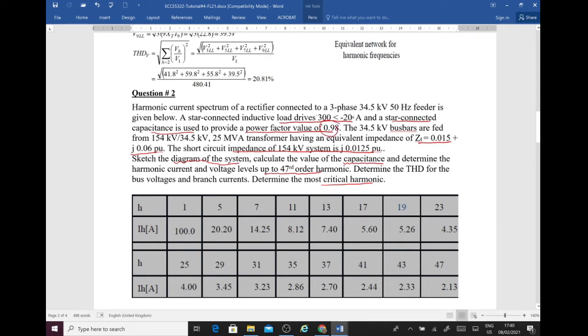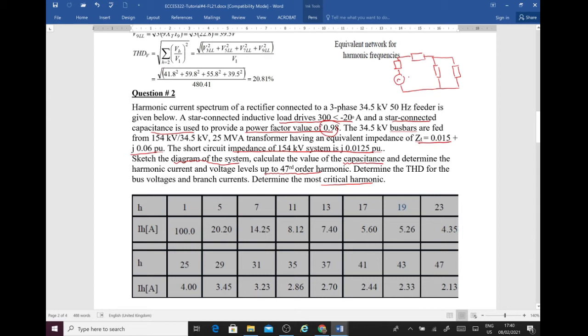Okay, so what is our circuit to find the capacitor bank? We have a voltage source with a source impedance, then we have a transformer, and over here we have two loads. We have a rectifier and we have an inductive load.